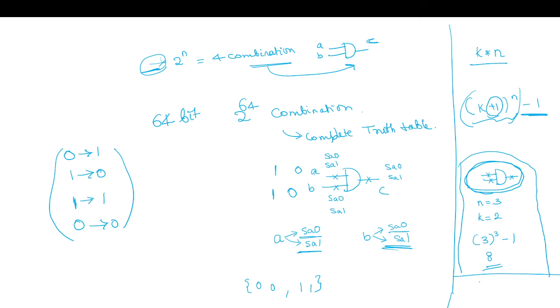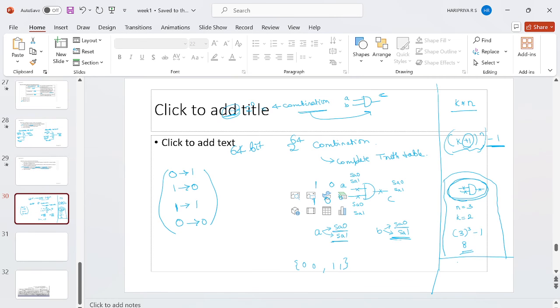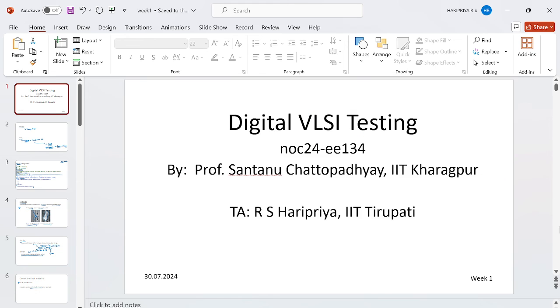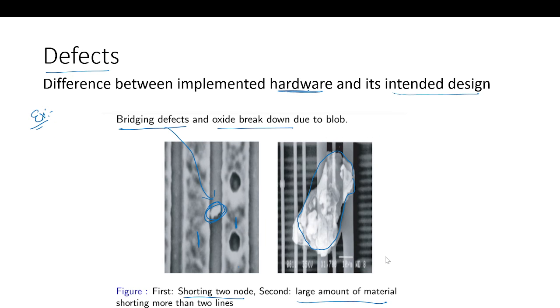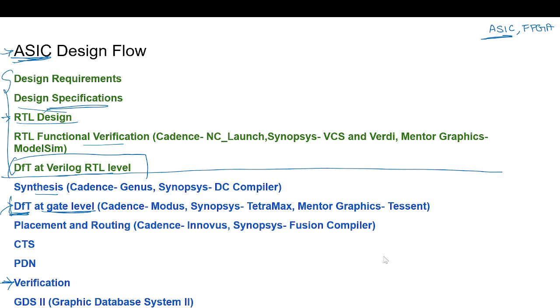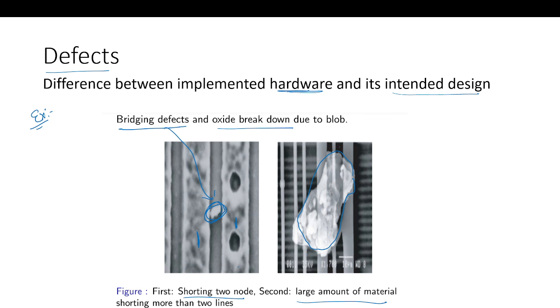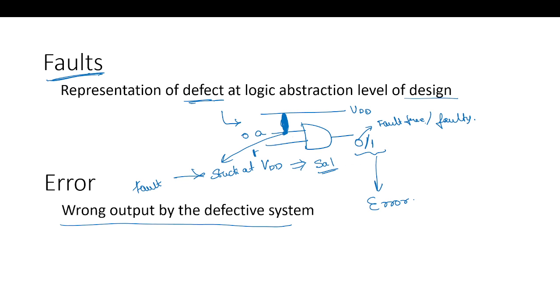So let's just summarize whatever we have seen. Today we discussed a few of the terminologies, what is testing and verification, and in the complete ASIC design flow where testing is used and where verification is done, and what is defect, fault and error.